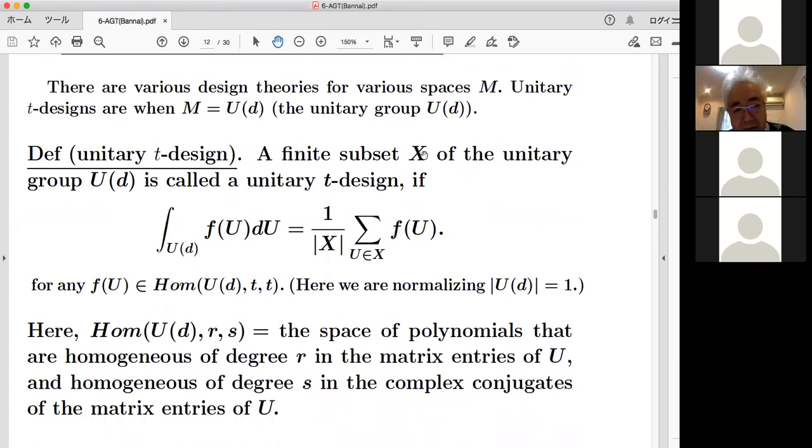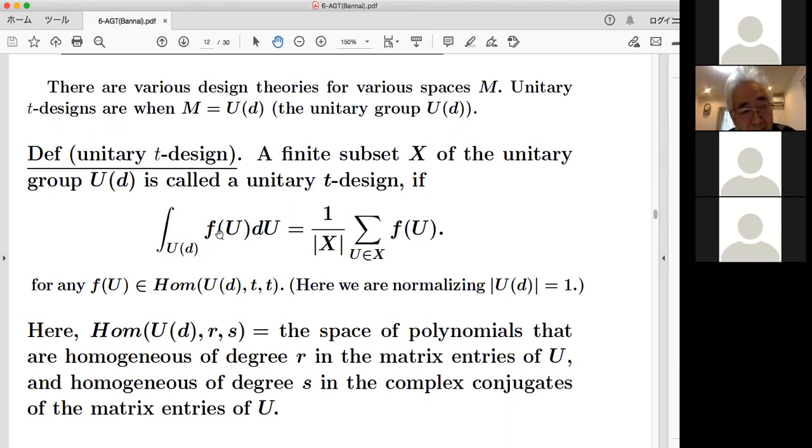A finite subset X of the unitary group U(d) is called a unitary t-design if the following condition is satisfied. We take a kind of polynomial over the unitary group, take the integral over the unitary group, and this is normalized: the volume of U(d) is equal to 1.